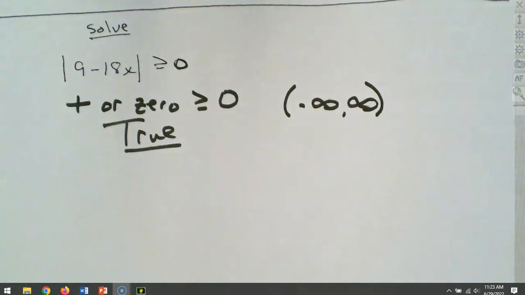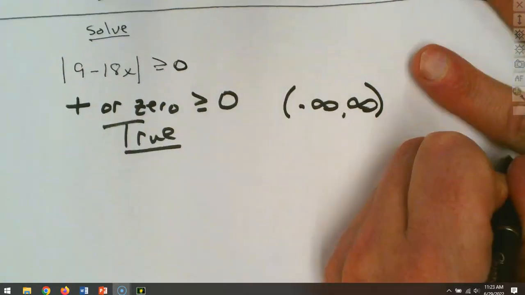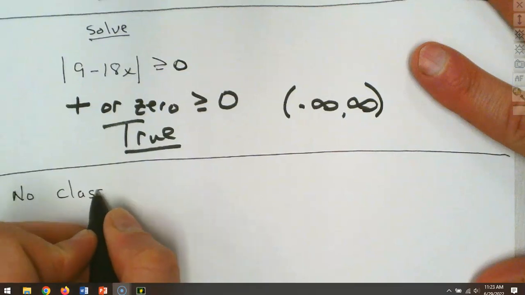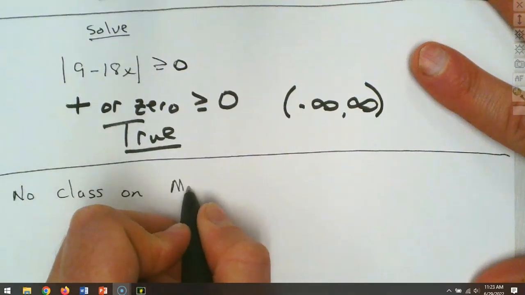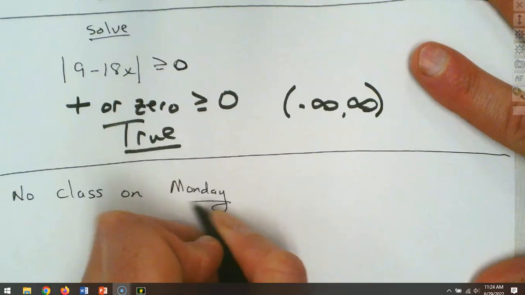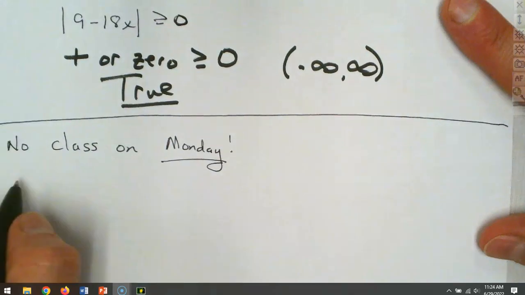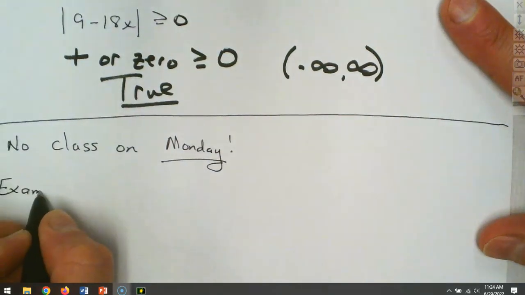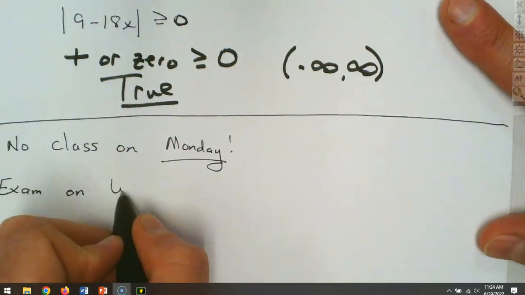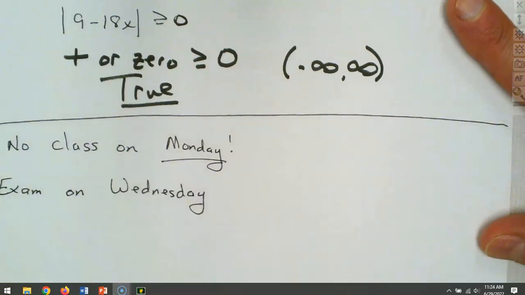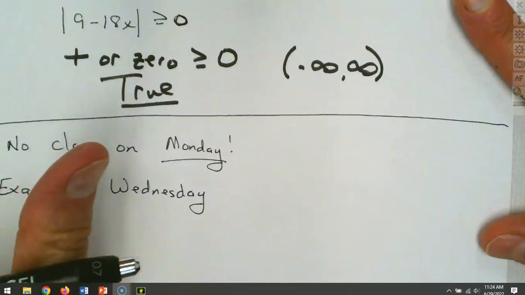Now, just because of time, we're going to be missing class on Monday, so no class on Monday. That's going to be July 4th. We are going to have our exam on Wednesday. And I have a practice one, a take-home one for us to look at as well.